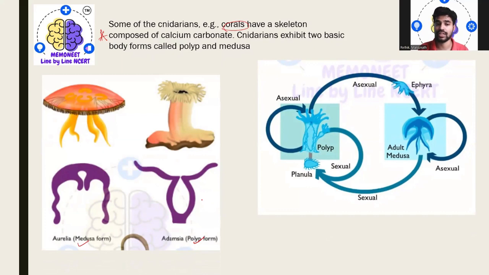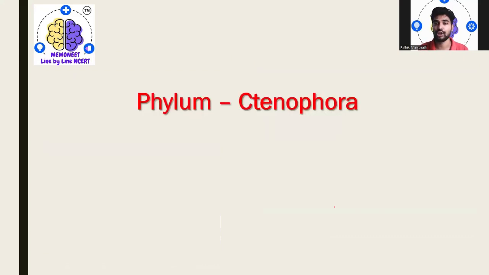What happens in alternation of generation is that the polyp forms the medusa through the asexual mode of reproduction, and the medusa forms the polyp through the sexual mode of reproduction. This is how alternation of generation happens. So this is clear, right?